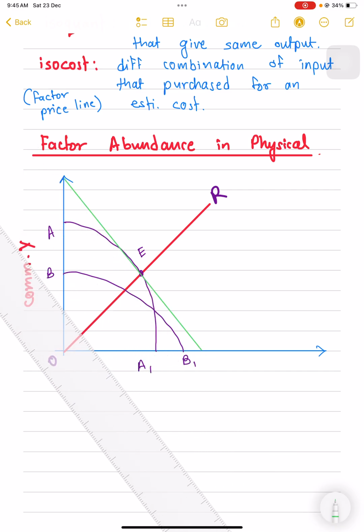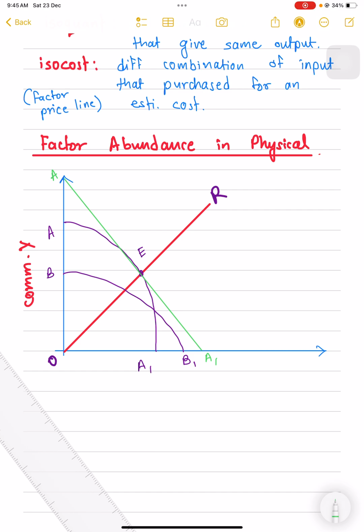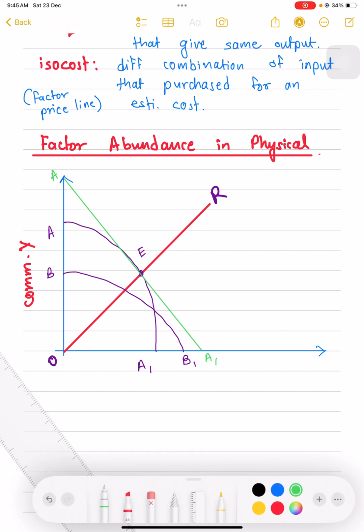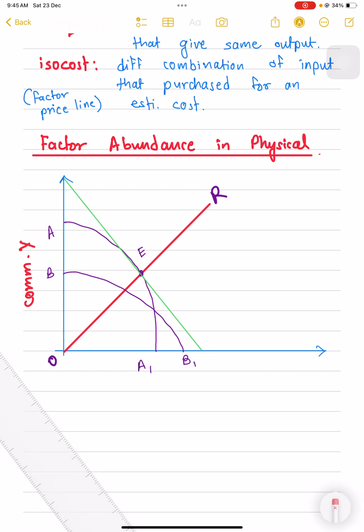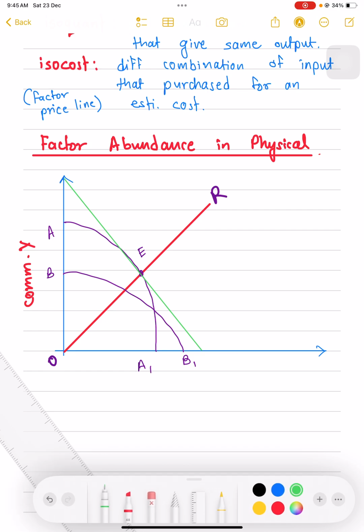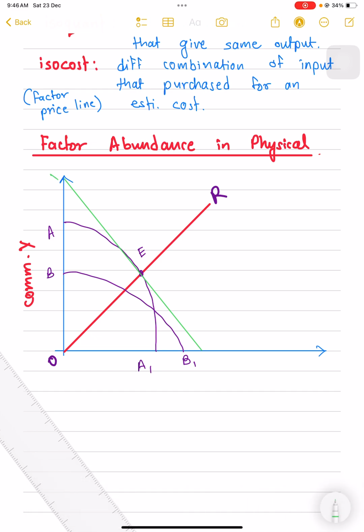Country A will produce more of commodity Y. If you draw a factor price line and name it, you will be able to understand country A is producing at point E.